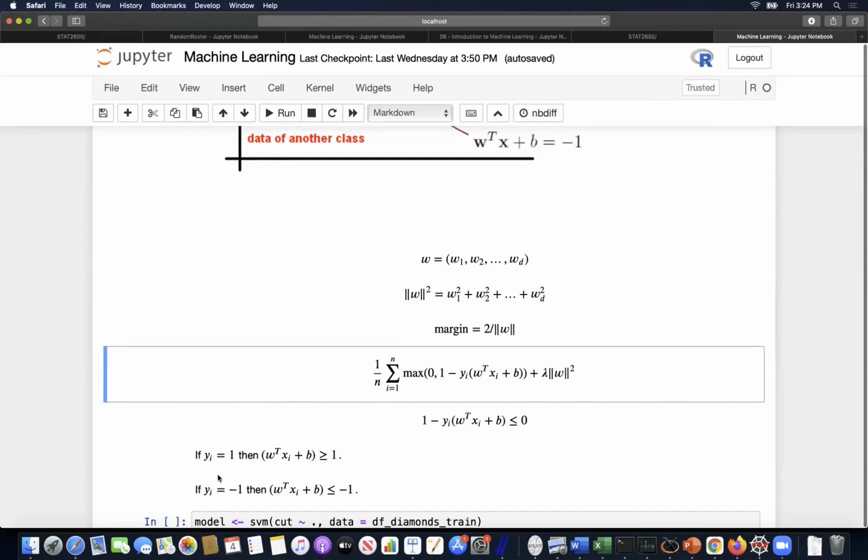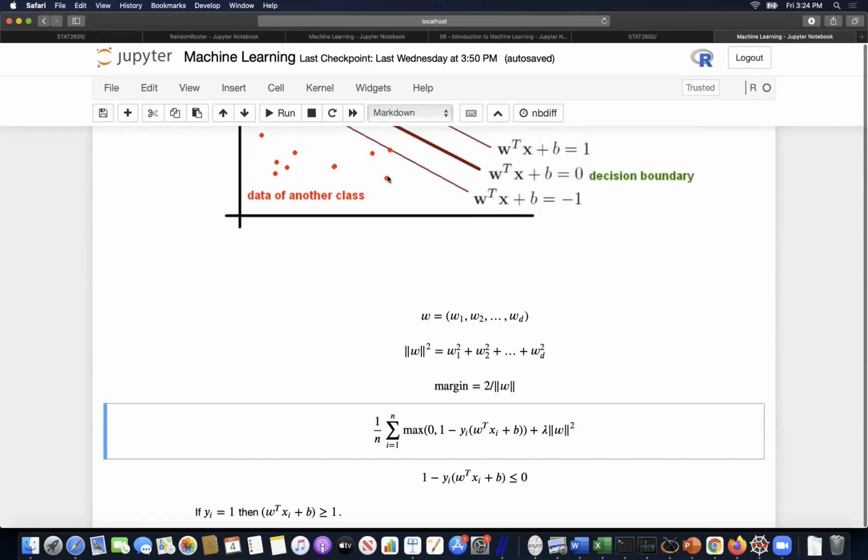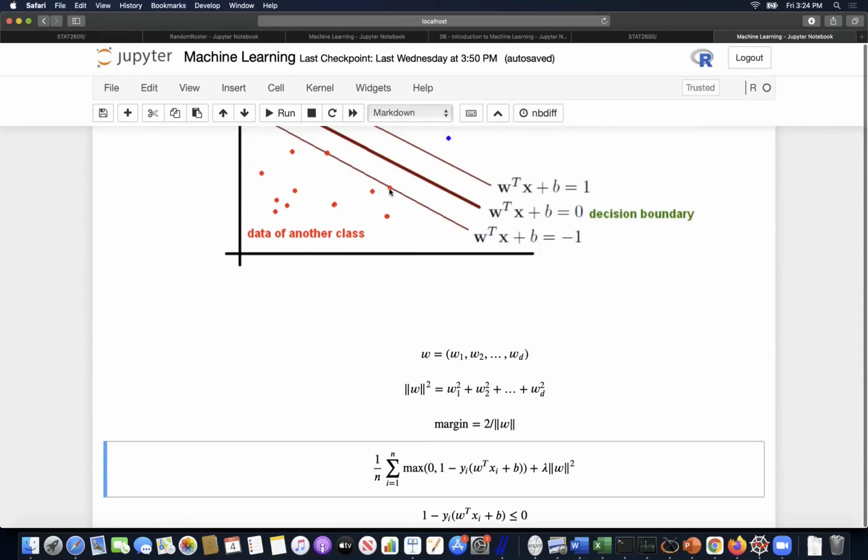If any of your red data is to the left of this line, that data is being classified correctly, and if it is classified correctly, you are happy. If one of these data falls to the right of this line, this objective function is going to become positive, and then you're going to penalize that. You're going to try to adjust your weights and biases such that this doesn't happen.